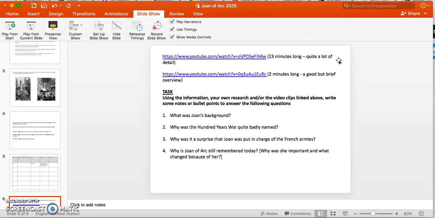Once we've finished looking at Joan of Arc, we're going to look at some other important women of the Middle Ages and see what we can tell about the opportunities that women had, and also the fact that some women were able to move outside the expectations or the limitations of what they were allowed to do, and sort of really push the envelope, if you like.